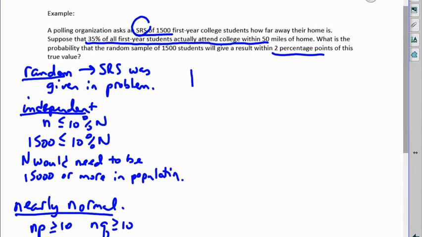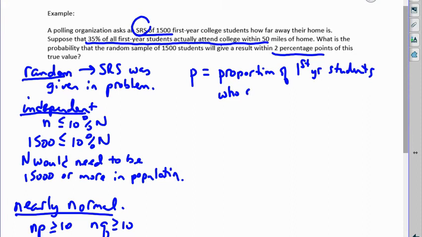Let's say that p is going to equal the proportion of first year students who attend college within 50 miles of home.